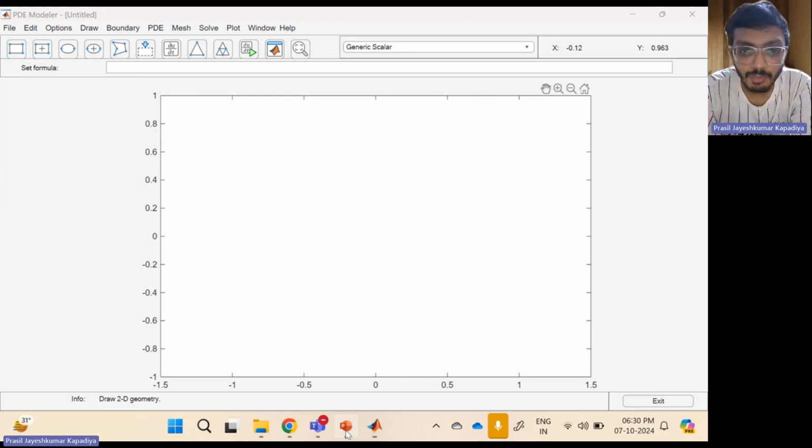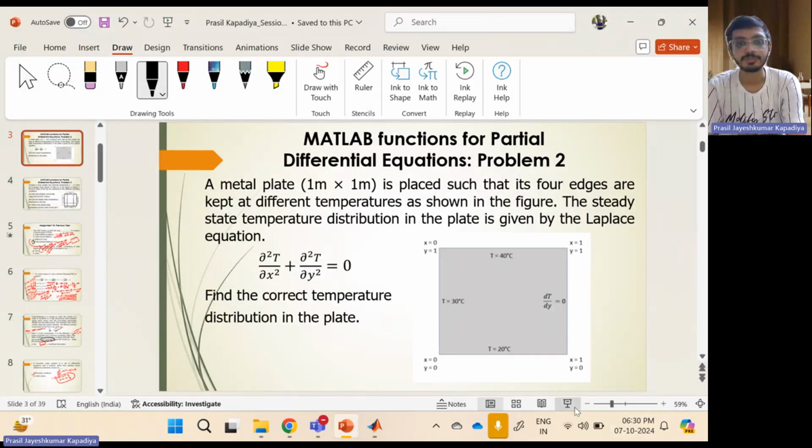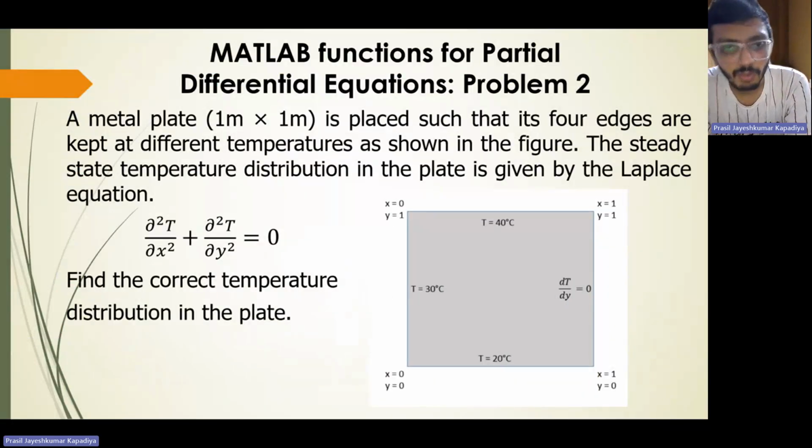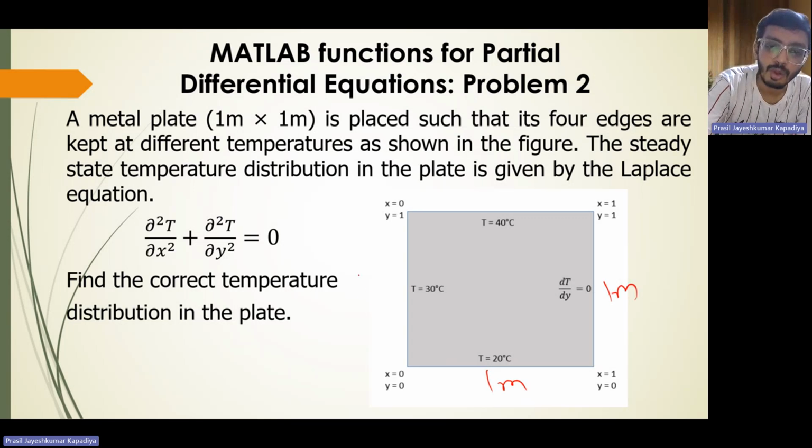Okay, so let's first see what the problem statement is saying to us. A metal plate of 1 meter by 1 meter is placed such that its four edges are kept at different temperatures as shown in the figure. So this is the metal plate of 1 meter length by 1 meter length, so all sides are 1 meter.